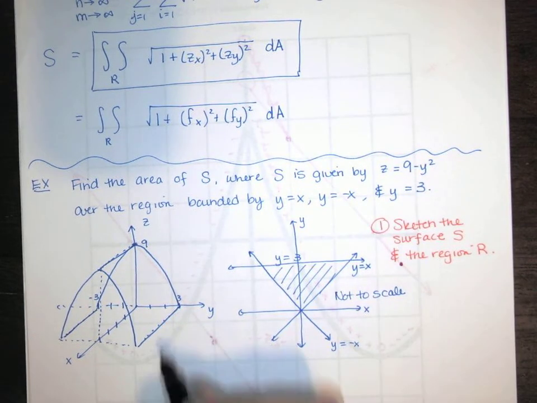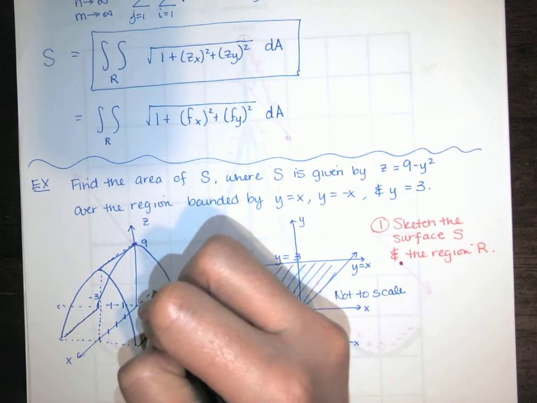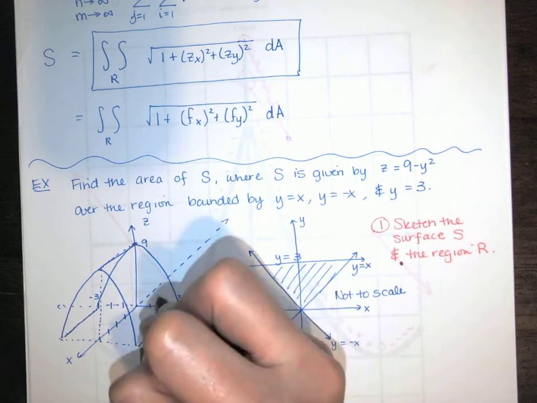So what does this look like? Y equals 3 is here, and it looks like we've got part of our triangle where x is positive and part of our triangle where x is negative. So I need to draw my cylinder a little bit farther back.